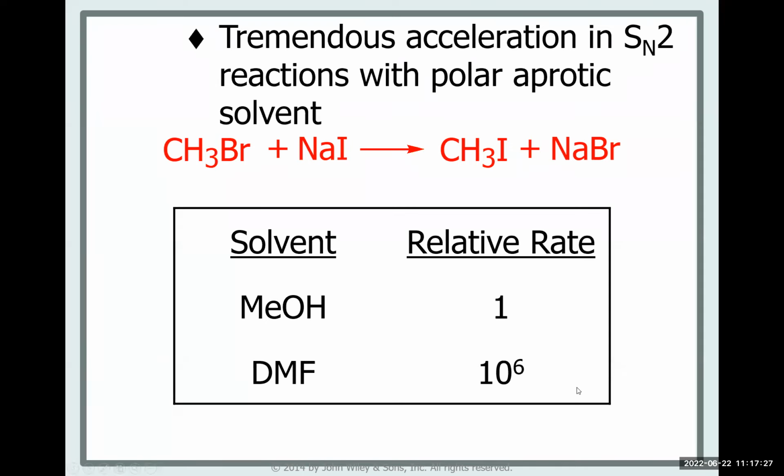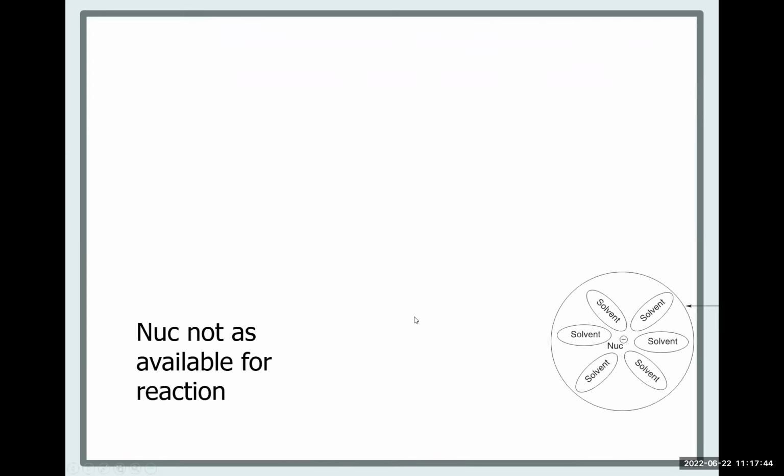Is that 10 million comparatively? So there's a significant improvement. If you're a graduate student and you use the wrong solvent, you're like, my reaction never worked, but actually it's just working really, really slowly. So that's why you don't want to use a protic solvent in your SN2 reaction.